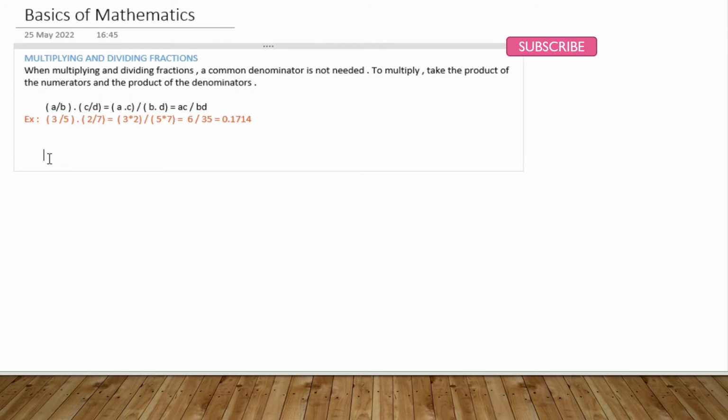Next, dividing example: A by B divided by C by D, then what will we get?